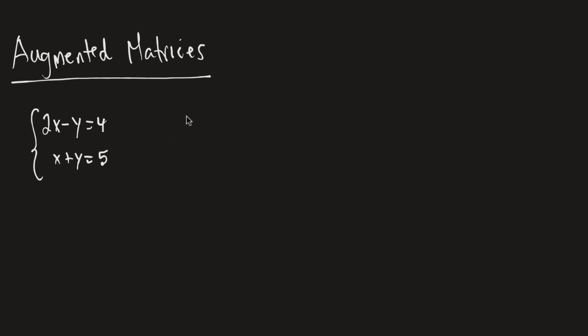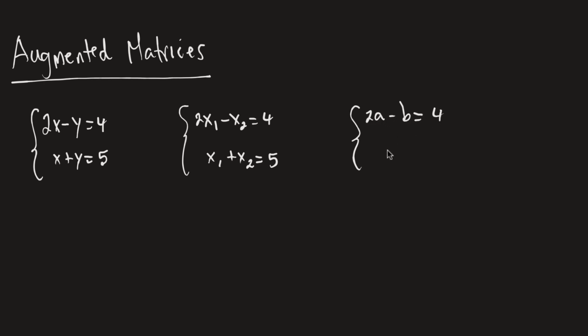And here is the second system: 2x1 minus x2 is equal to 4, and x1 plus x2 is equal to 5. And here is the third system: 2a minus b is equal to 4, and a plus b is equal to 5.